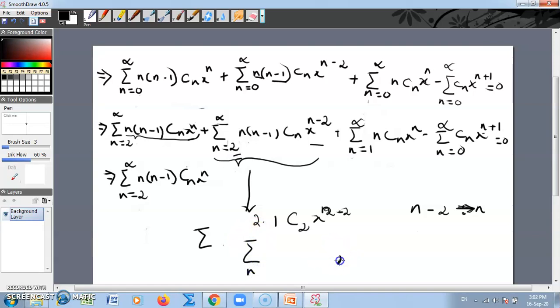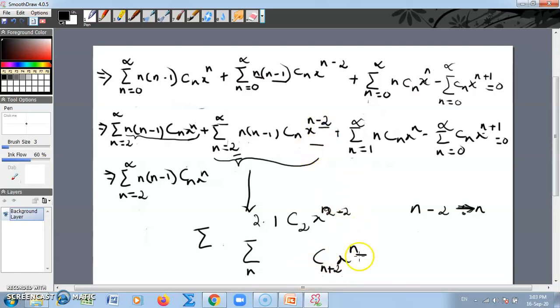So if I have to put here x to the power n, how will the other things change? Let us see. Obviously the other things will change in a similar manner, and what we get is Cn plus 2 here, instead of n we will have n plus 2, and instead of n minus 2 we have n.